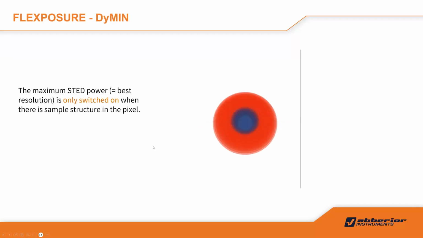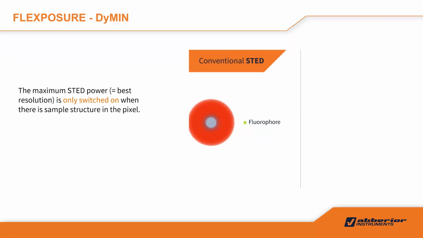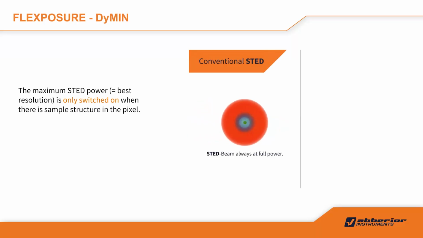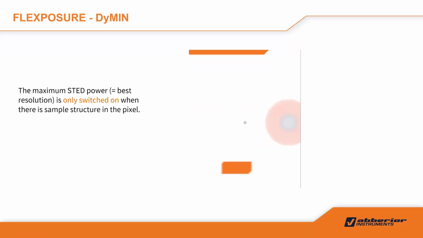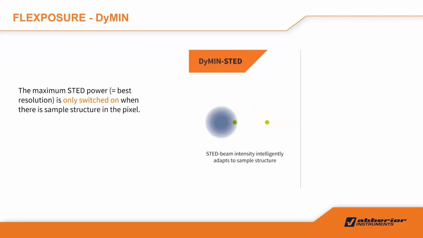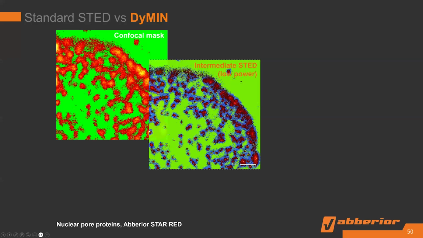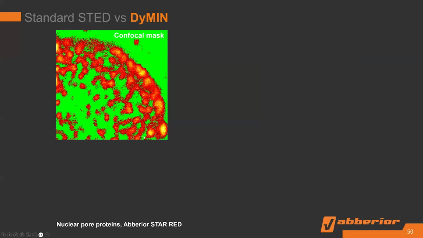We only switch on the STED beam once there's signal in each pixel. So actually the maximal STED power, which equals the best resolution, is only switched on when there's a sample structure in the pixel. So it's a very clever way. We call it FLEX exposure or adaptive illumination. It's very clever.